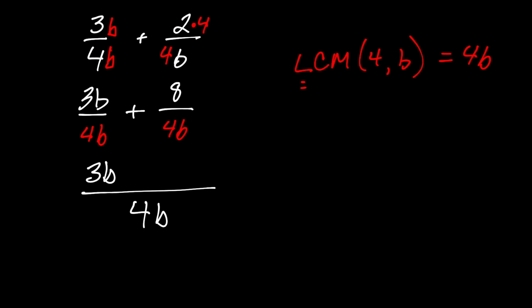Plus gets a plus, so plus, and then just write the 8 next. So we have 3b plus 8. This doesn't simplify any further because the numerator does not have any common terms. So it's just 3b plus 8 all over 4b.